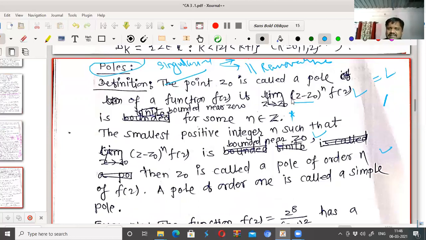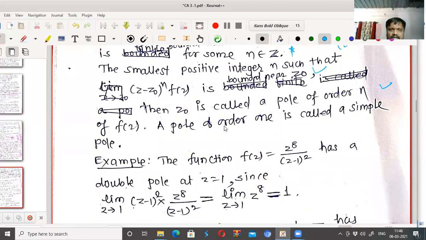Now what does this mean? It means that f(z) upon (z minus z0) to the power m, with m greater than n, after multiplying it, this should vanish, and m less than n should be there. Then it is called a pole of order n.